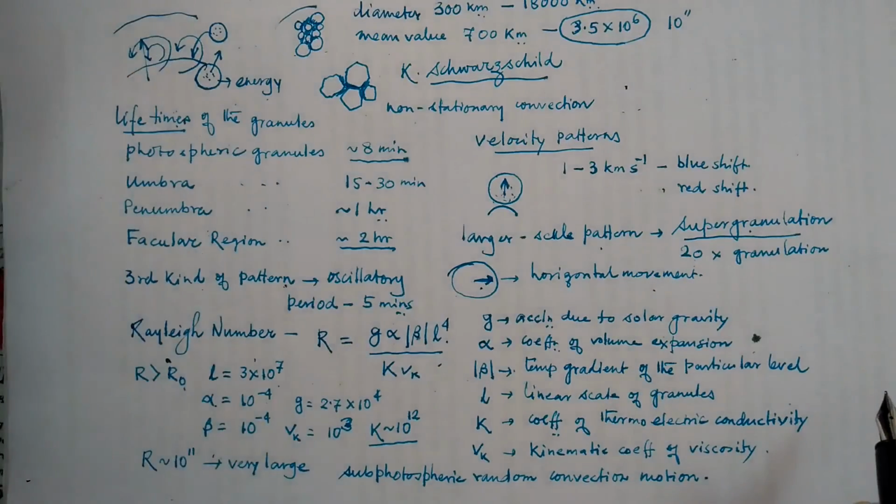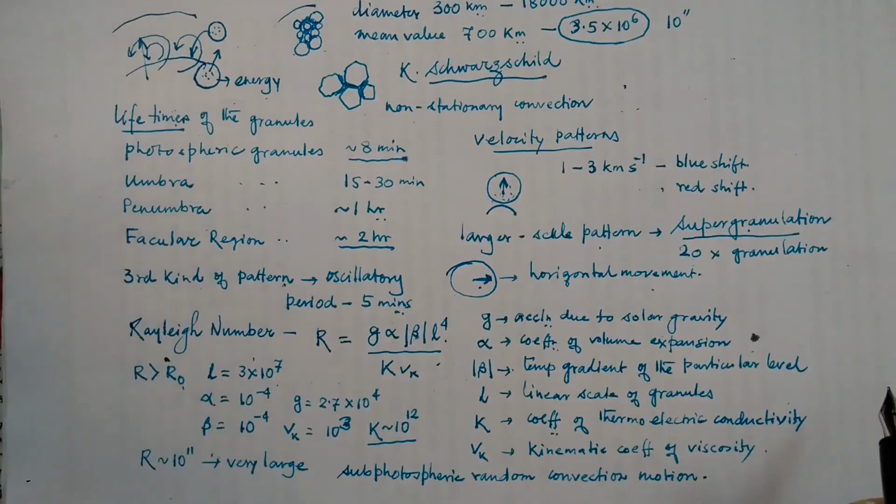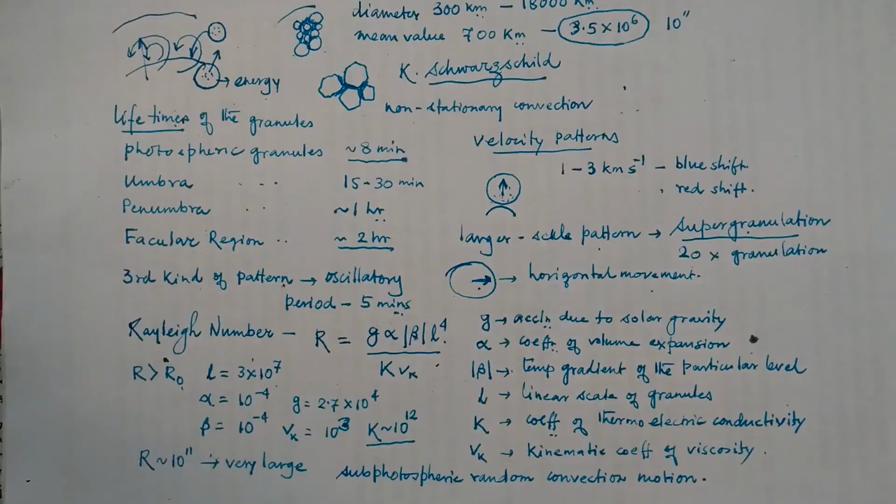Now these are the things, this granulation and the supergranulation are very important features in the photosphere, and we have covered that, and then we will come to the chromosphere and then the corona. But before coming to the chromosphere, there is an important feature that we talked about, which is called the faculae.